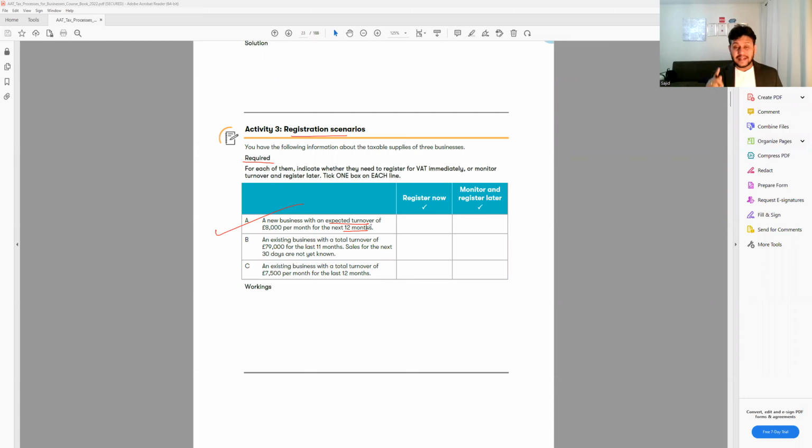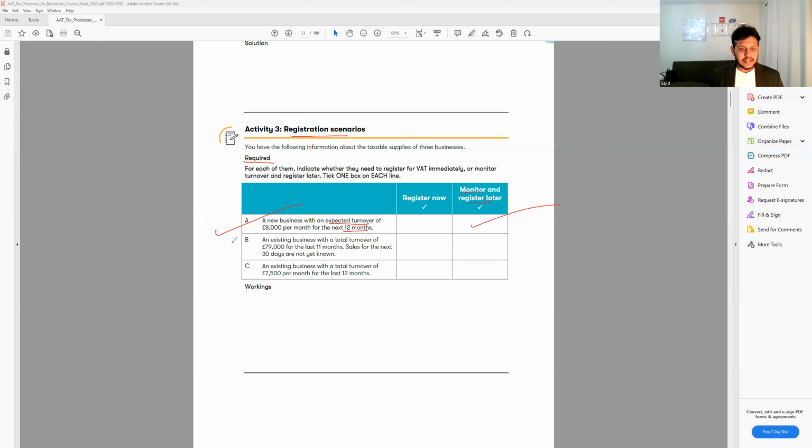We can only take the next 30 days into consideration, not the next 12 months. Even for the next 30 days, I have to be 100% sure this will cross the registration threshold. Remember that. If I'm not, then no. So I cannot guess that for the next 12 months my business will make 8,000 per month. So I have to keep looking to see if it is crossing the threshold. Only at that time do I have to register. So I'll say monitor and register later.